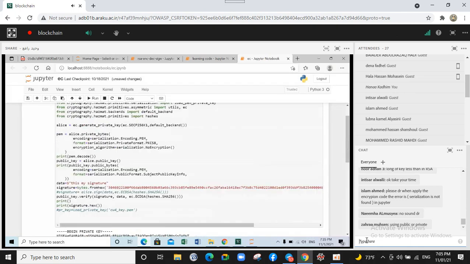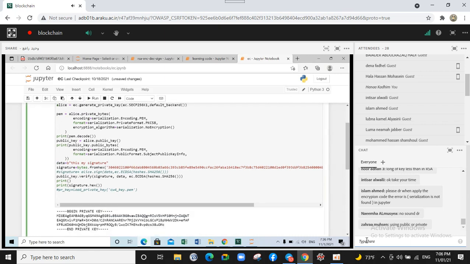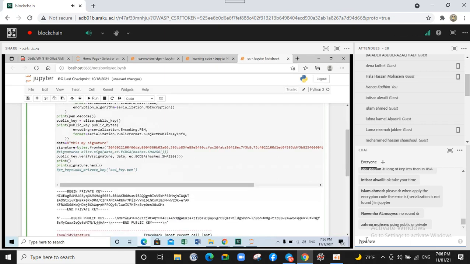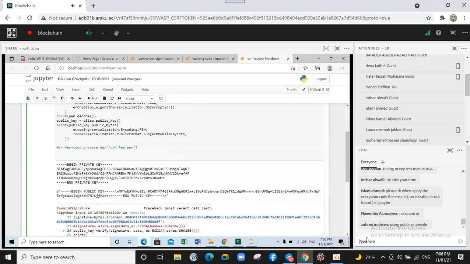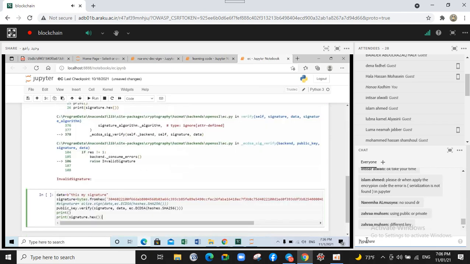The reason is that each time this public and private key is changed. So let's fix the problem by cutting this part and moving it to another part.